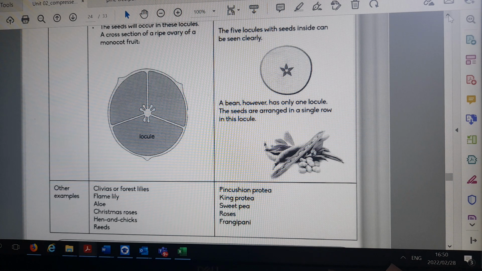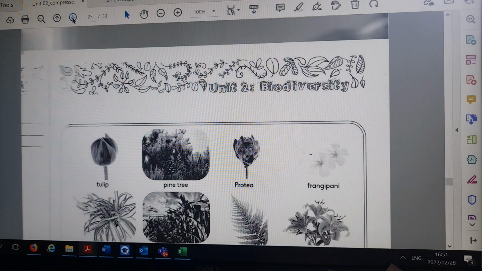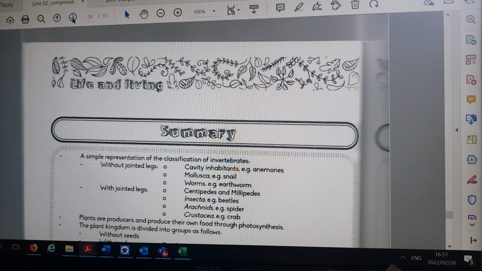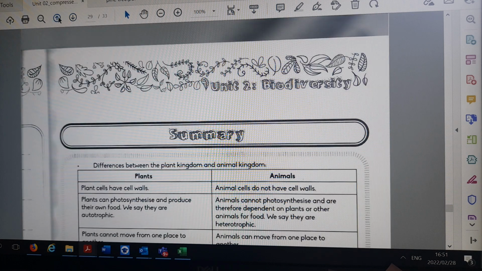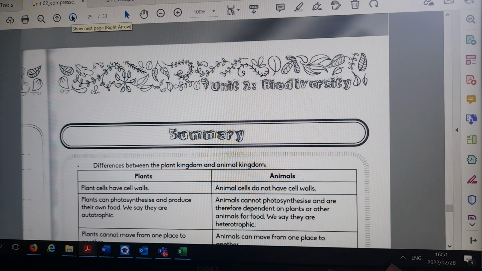And this brings it to the end of our lesson, and it is the end of our unit on biodiversity that we started. Okay, thank you.